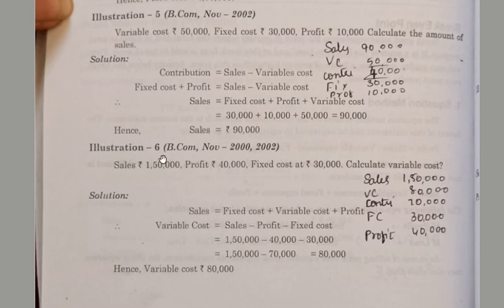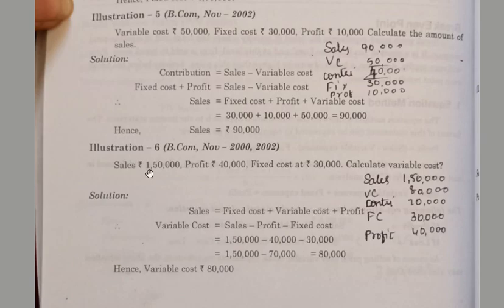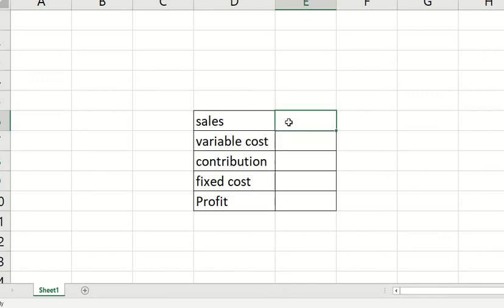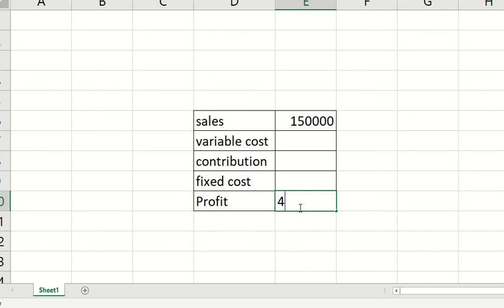Okay, so moving on to next question, which is sales is 1,50,000, profit is 40,000, fixed cost is 30,000. Calculate the variable cost. So we'll do it here. Sales is 1,50,000. Profit is 40,000.